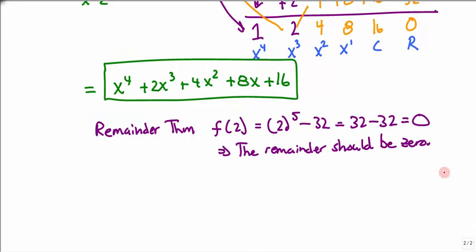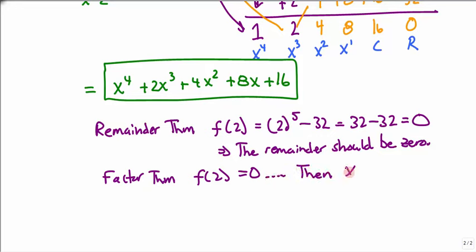Now let's go ahead and apply the factor theorem. The factor theorem states if I have f of 2 equals 0, which I do have in this particular case, then x minus 2 is a factor. So we basically verified what we already knew. X minus 2 was a factor because there was no remainder.